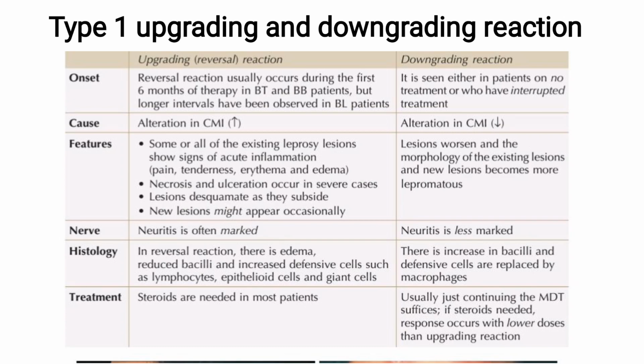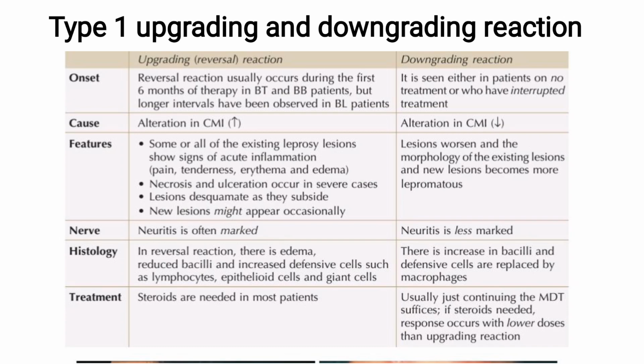There is an alteration, an increase, in cell mediated immunity. Whereas a downgrading reaction is seen either in patients with no treatment or who have interrupted the treatment, in which tuberculoid forms are converted into lepromatous leprosy, where there is a decrease in cell mediated immunity.